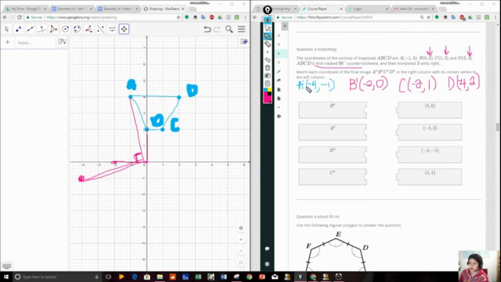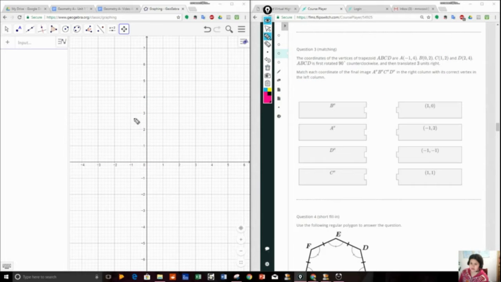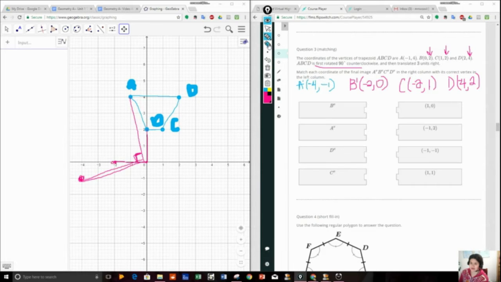And then translated 3 units right. So now I'm going to map these new points in magenta. At -4, -1, there's A. B is at -2, 0.